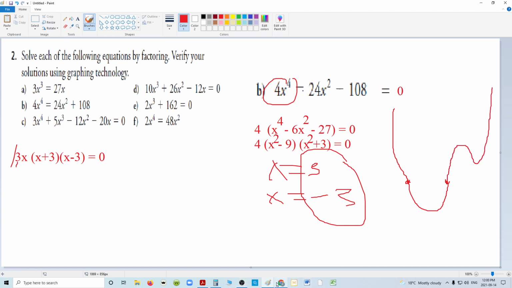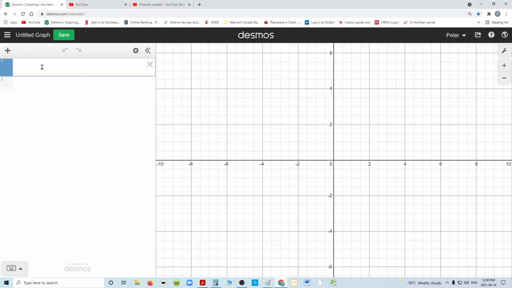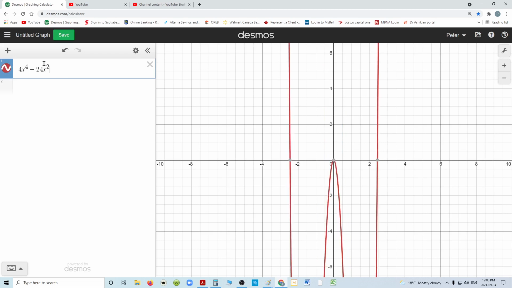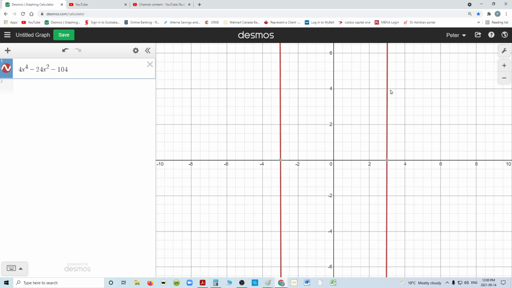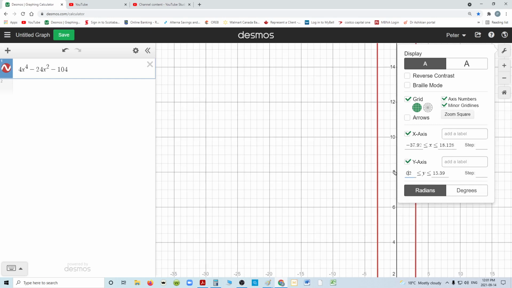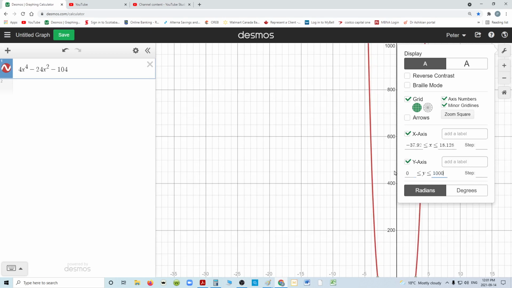Let's check out Desmos and make sure. 4x to the 4 minus 24x squared, and plus 104 was it? No, it's minus 104. Oh, you have to zoom way out on this. So let's see if we can just make our y-axis 0 to 1,000.